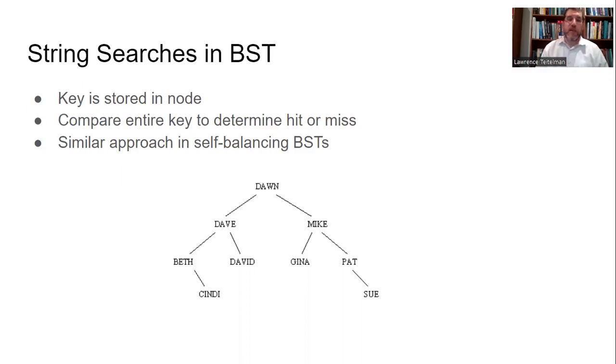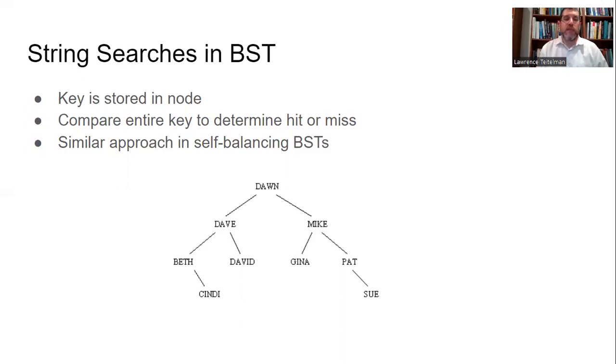We think of compareTo as a one-step operation, but it really compares character by character. So we need three character comparisons to determine that David is less than Dawn, at which point we can move to the left.